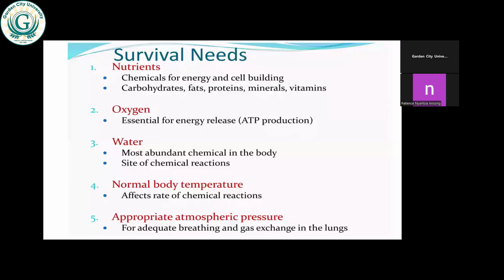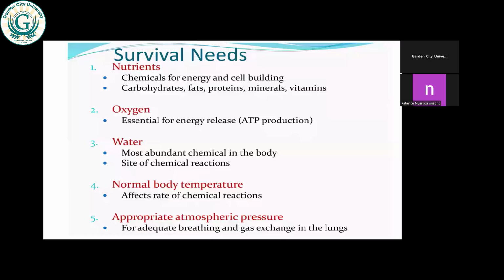So as human beings, we have survival needs, and these are essential for your systems to function well. First of all, nutrients, gotten from the food we take in: carbohydrates, fats, proteins, minerals and vitamins. These components are broken down within the body into simpler units that are absorbed, and the cells use these simpler units to produce body proteins and so on.